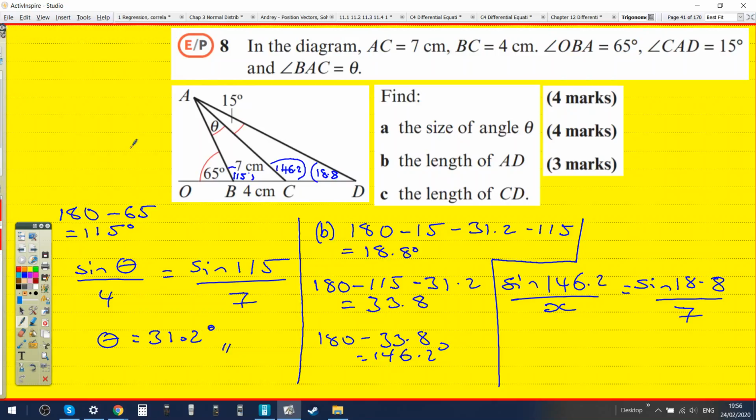And then use the calculator for that. Yeah.